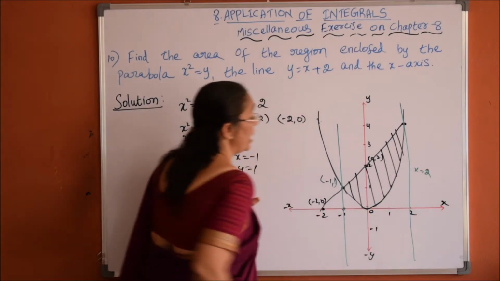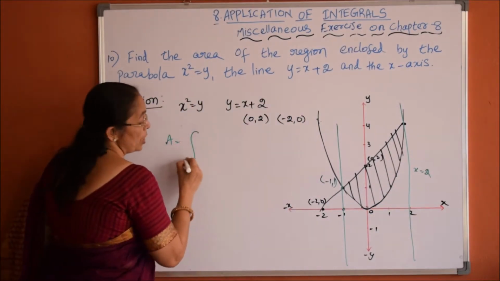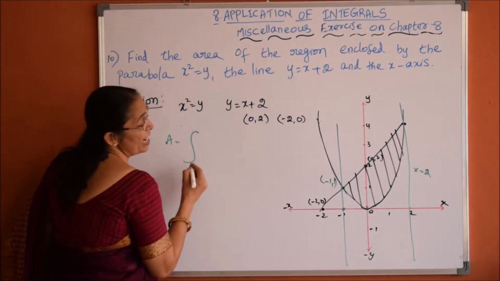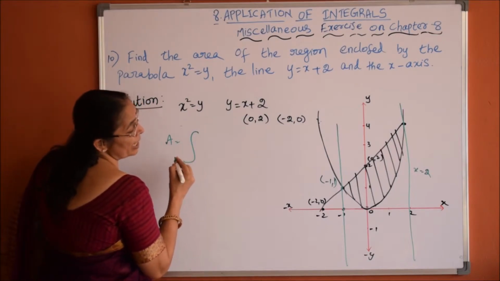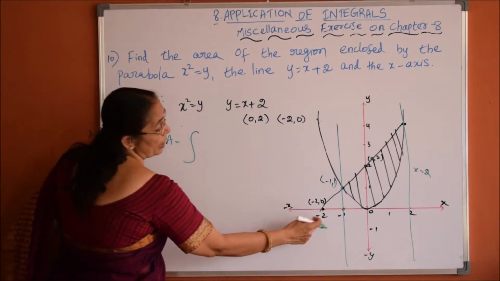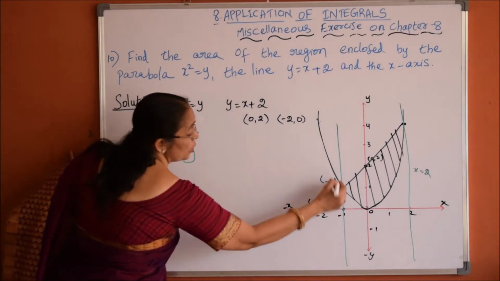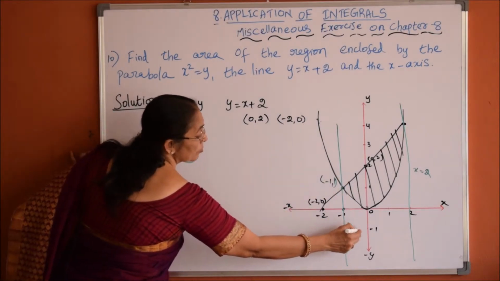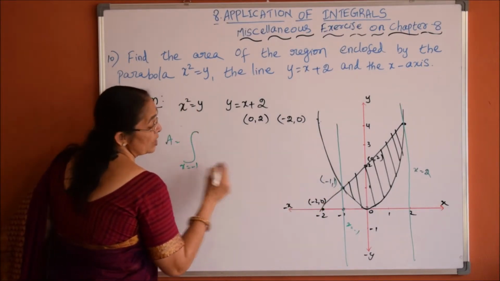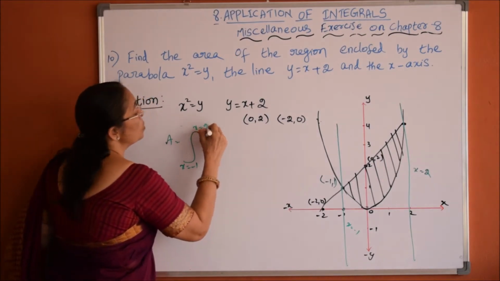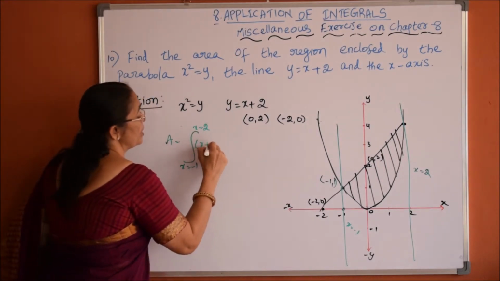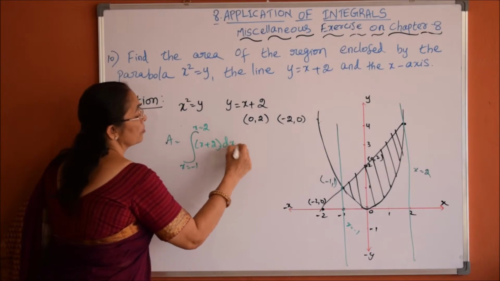So our required area is the integration of the area covered by the straight line between the two lines, from x equals minus 2 to x equals minus 1 for this line, and x equals minus 1 to x equals 2 for the straight line x plus 2, dx.